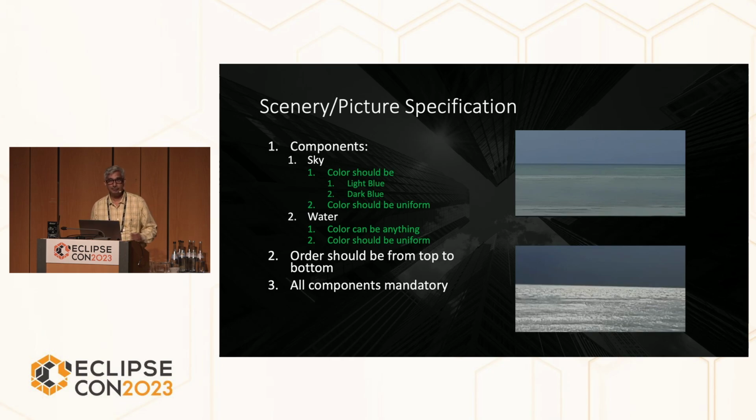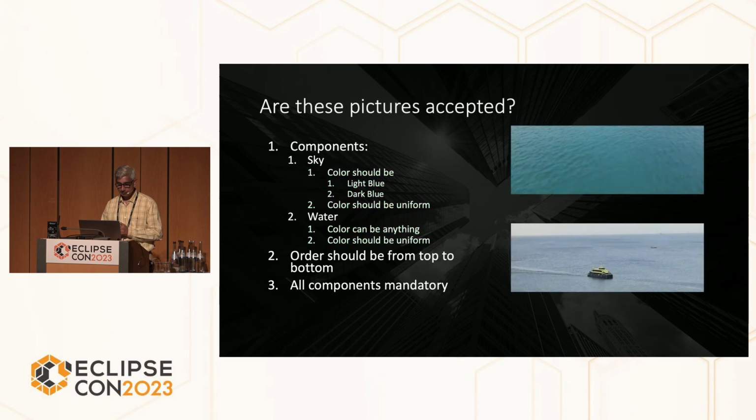With that information, do you think this picture passes? Do we expect our compiler to accept this picture? Yes, it accepts, because the sky is light blue, dark blue, watercolor, and so on. All matches. Now, are these pictures accepted?